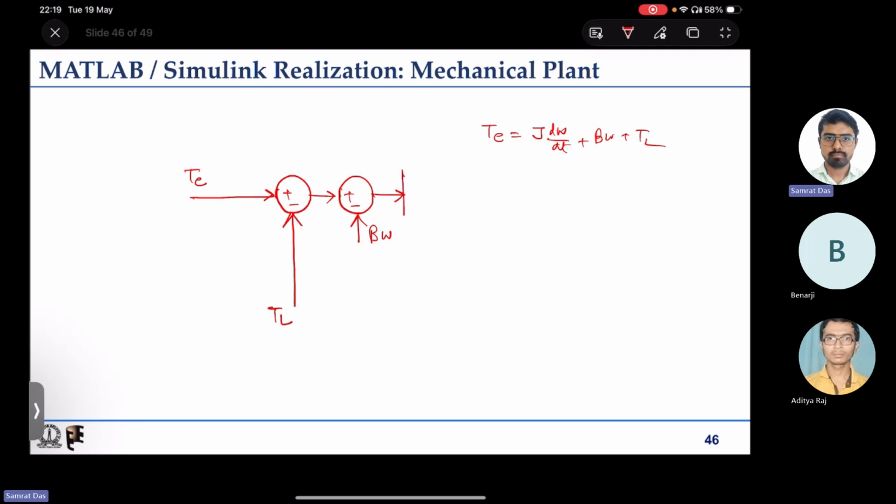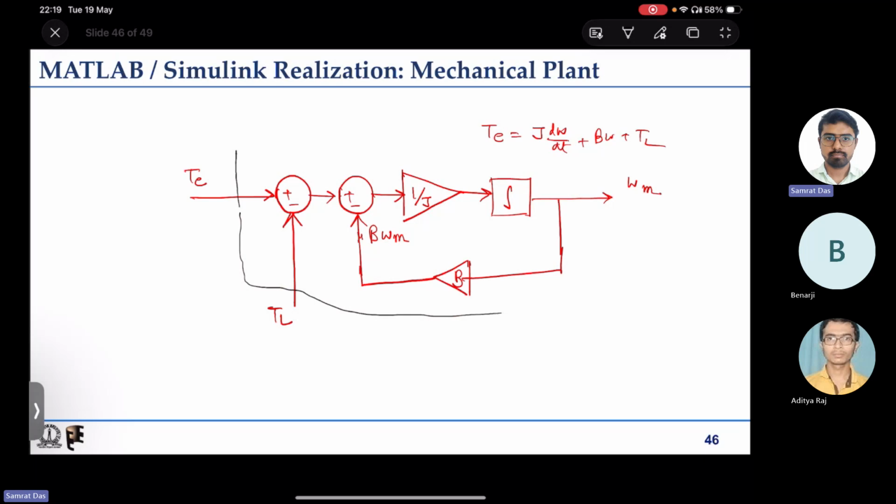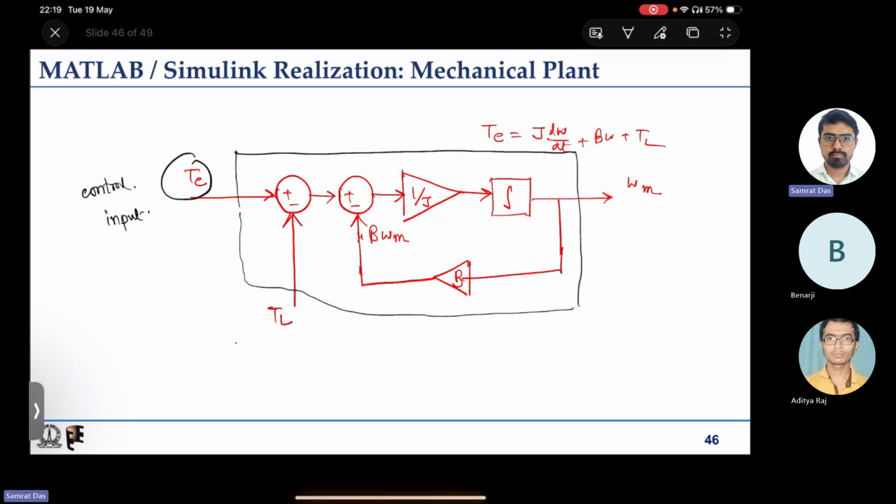We give it a gain of 1 by J, then integrate it, which gives us omega m or speed, that is fed back with a gain of b. This is the mechanical plant system where this is the control input, this load is termed as a disturbance input, and this is the output.